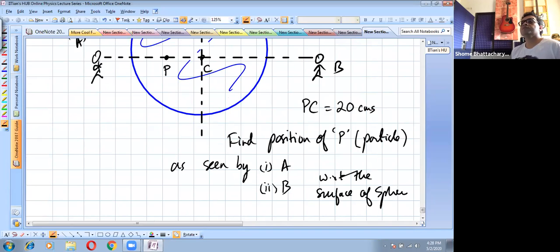Okay. So according to this observer, it will be at a certain depth behind this surface. According to this observer, it will be at a certain depth behind this surface.